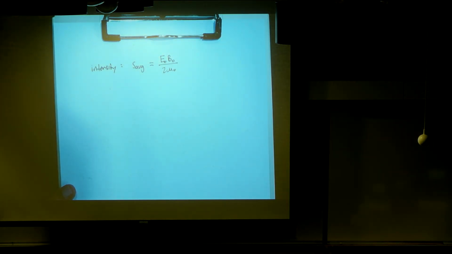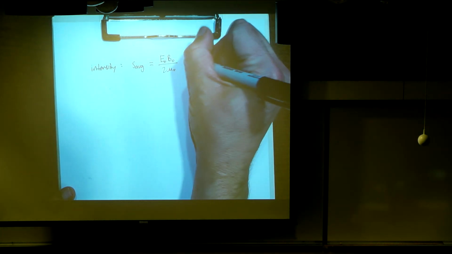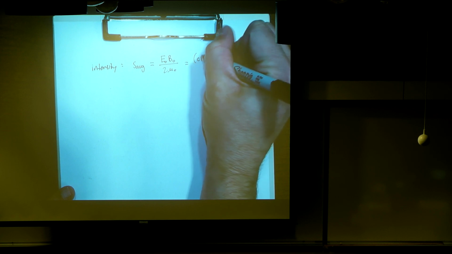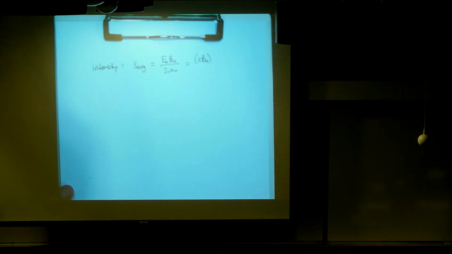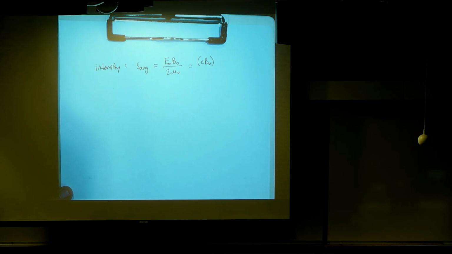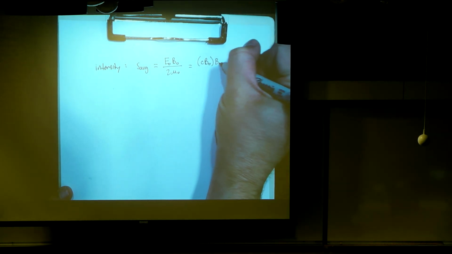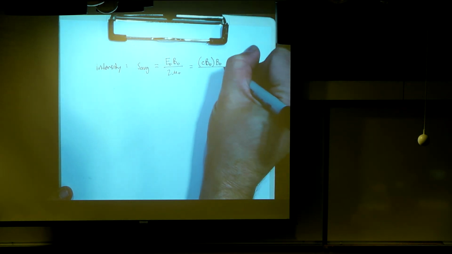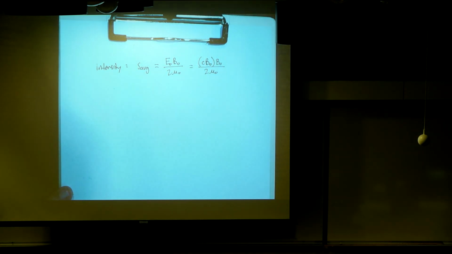I don't know what either one of these fields actually is for the time being, so I'll make a substitution. Instead of E naught, I'm going to write C times B naught. I'm able to do that, right? Just multiplying by a factor of C gives me the other field. And that's multiplying B naught right there, divided by 2 times mu naught on the bottom.